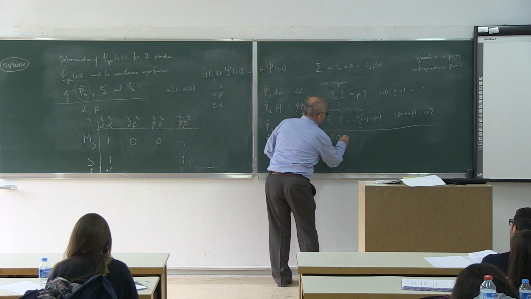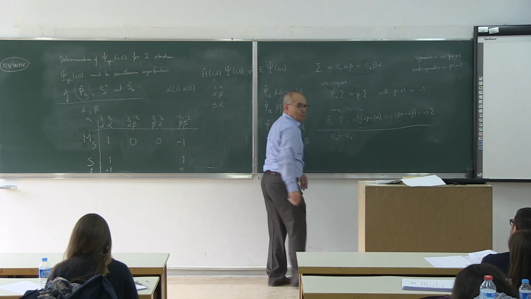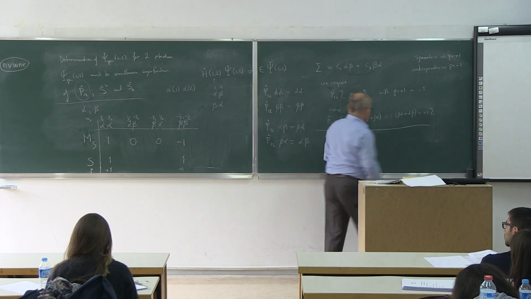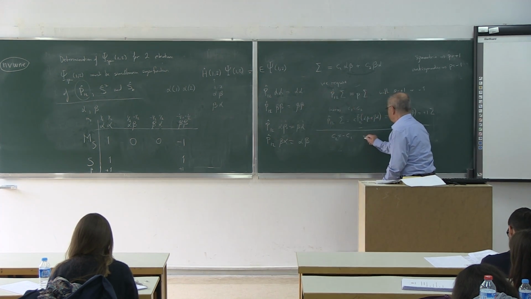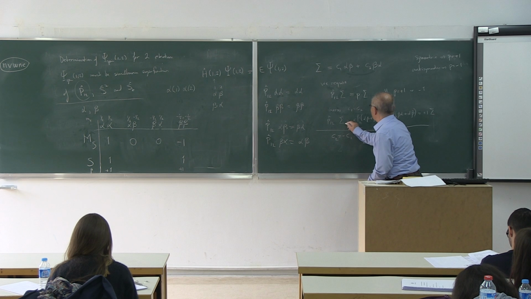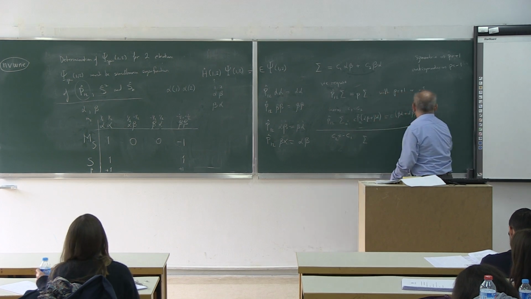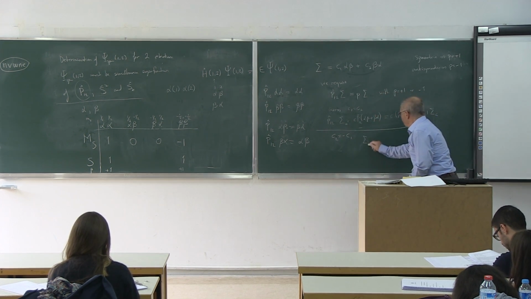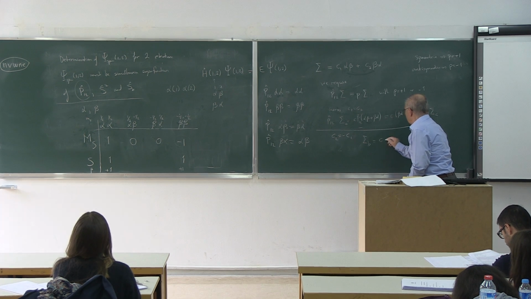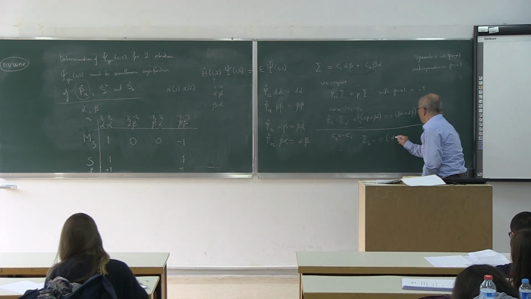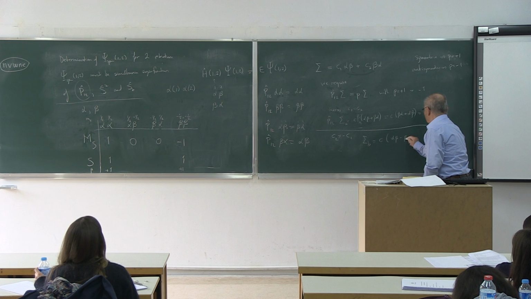Similarly, if we select C2 to be minus C1, then we will have, let us call this sigma A, call this sigma B, a constant times alpha beta minus beta alpha.